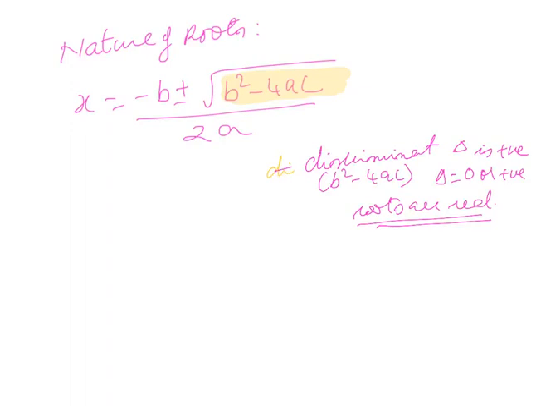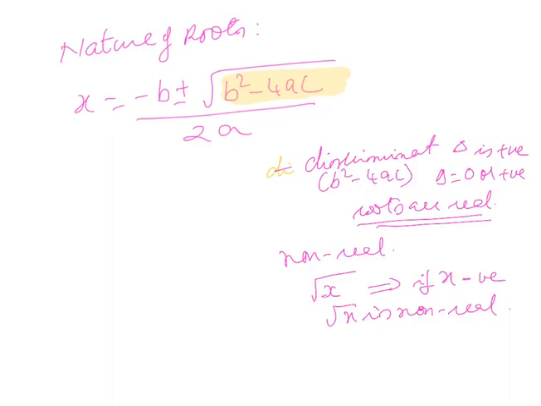In other words, I am going to define what is non-real. Inside the square root, if x is negative, then root x is non-real. This is the definition of a non-real number.